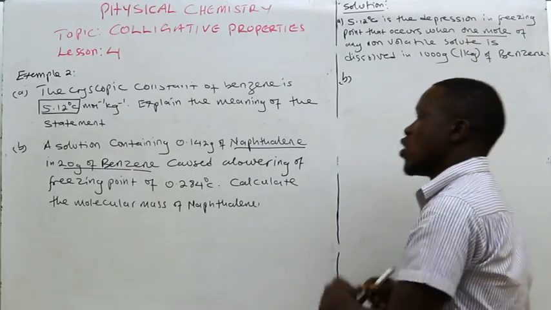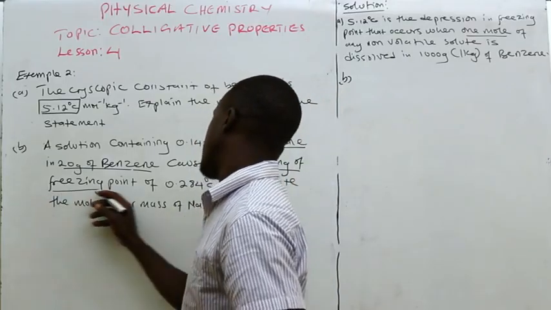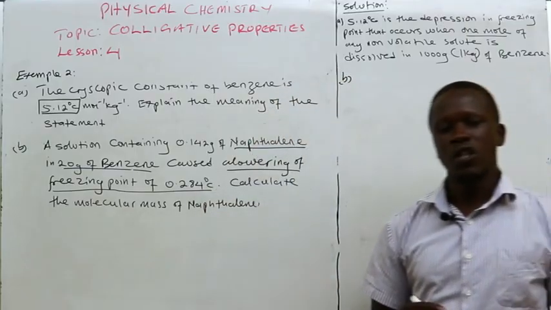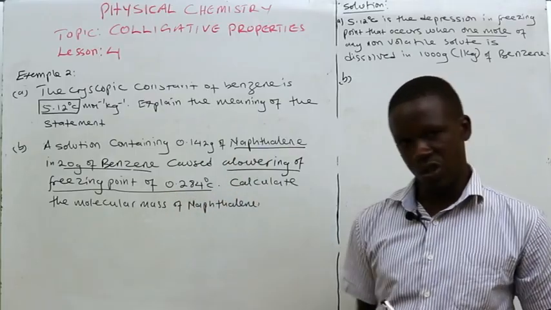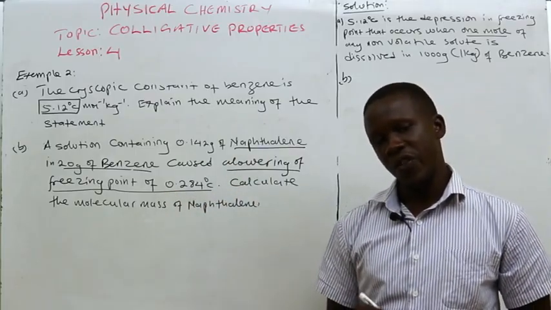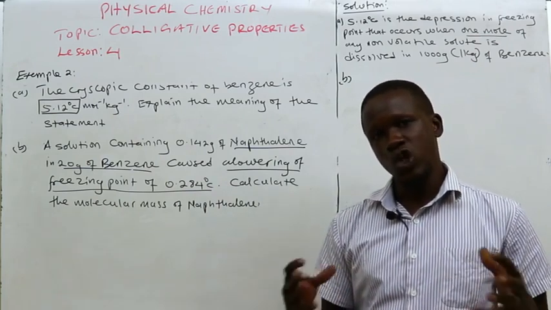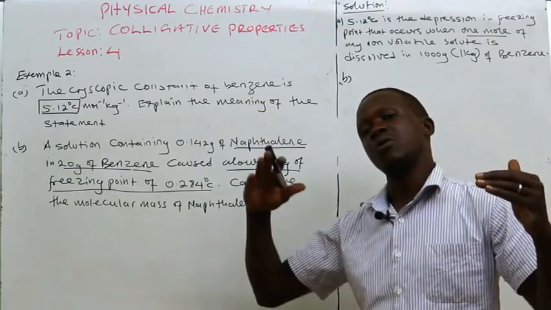So it caused a lowering of that. Now in this question, you need to understand what 0.284 degrees Celsius is. Remember, the colligative property is the depression, dT. dT is the freezing point of the solvent minus the freezing point of the solution.